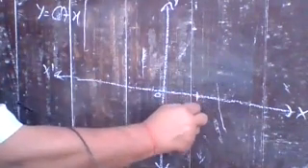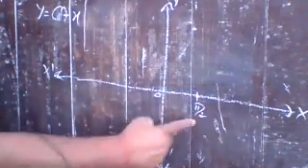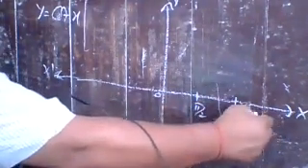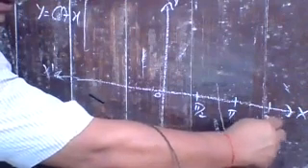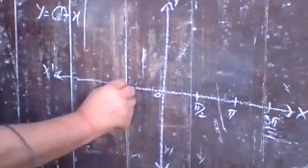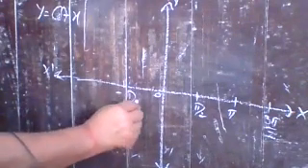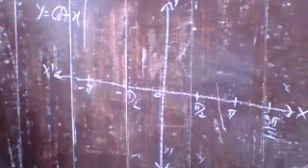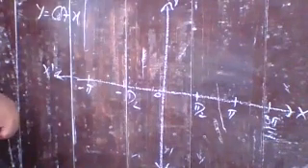And suppose here you take pi by 2, here you take pi, and one more point, here you take 3 pi by 2. And in negative direction, suppose here you take minus pi by 2 and minus pi. Now see.